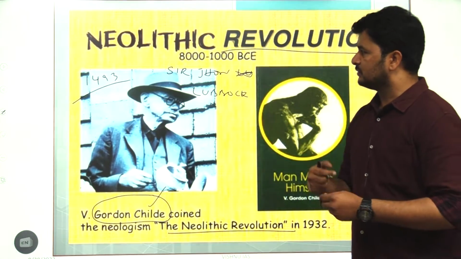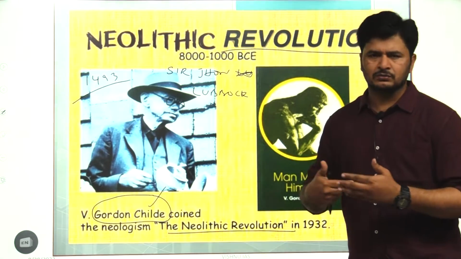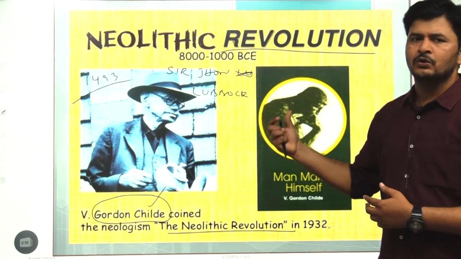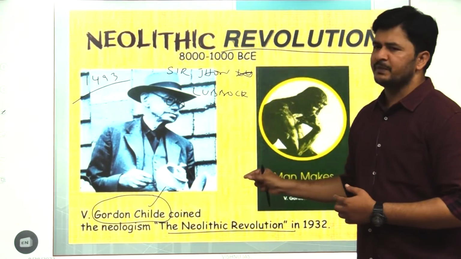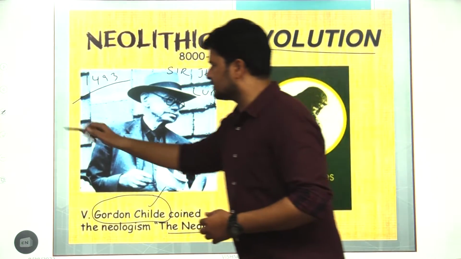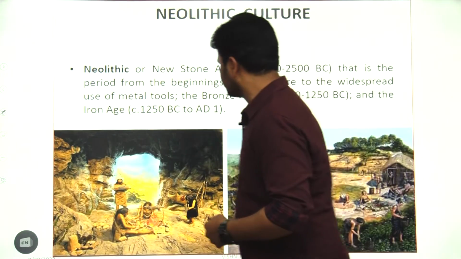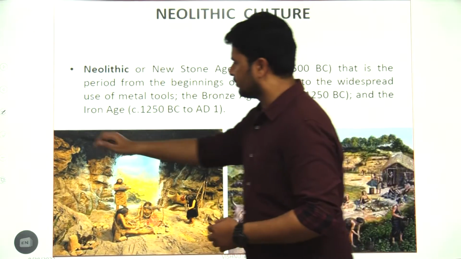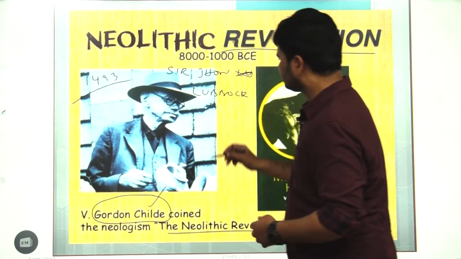Now, which historian or archaeologist branded the Neolithic developments as Neolithic revolution? It was Sir John Lubbock. You can write down the name of the gentleman.